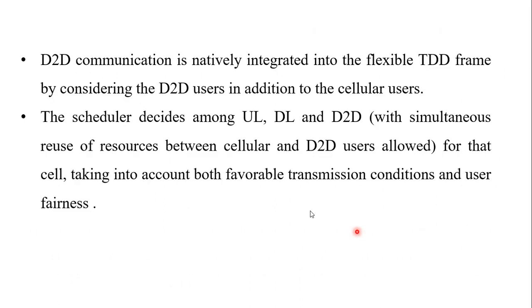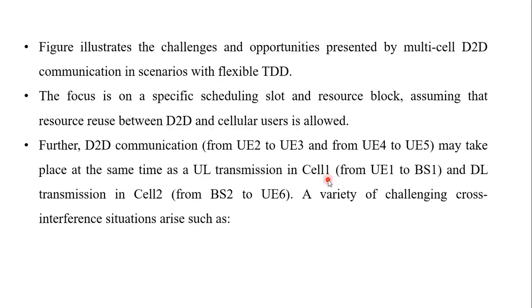Next, the D2D communication is natively integrated into the flexible time division duplexing frame by considering the D2D user in addition to the cellular user. The scheduler decides among uplink, downlink, and D2D with simultaneous reuse of resource between cellular and D2D user, which is allowed for that cell, taking into account both favorable transmission condition and user fairness.